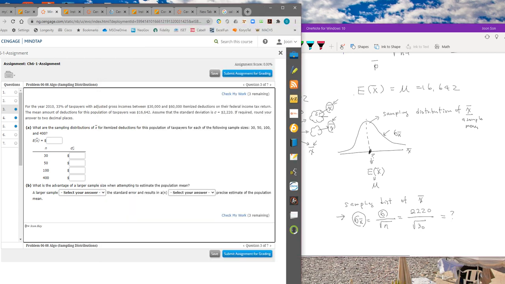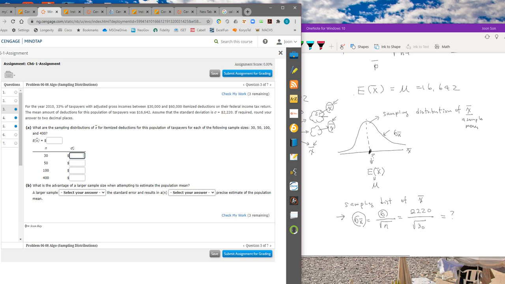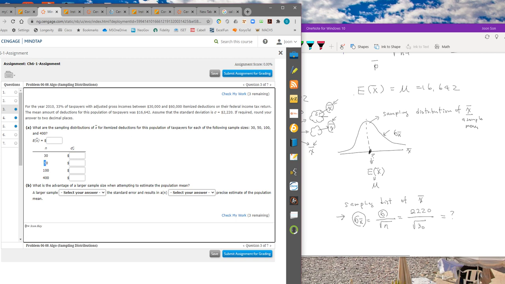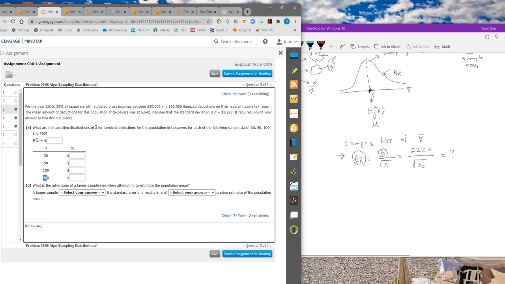But you have to find the standard deviation of x bar for when n is 30, when n is 50, when n is 100, and when it's 400. I think you can find this value easily.